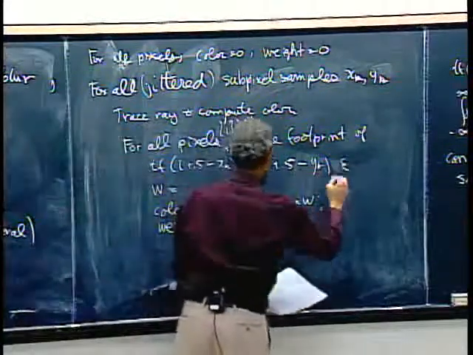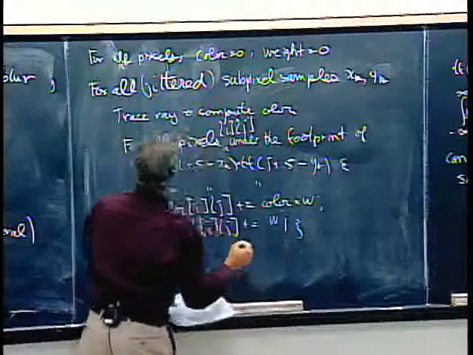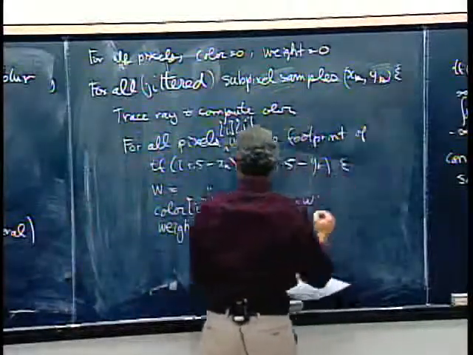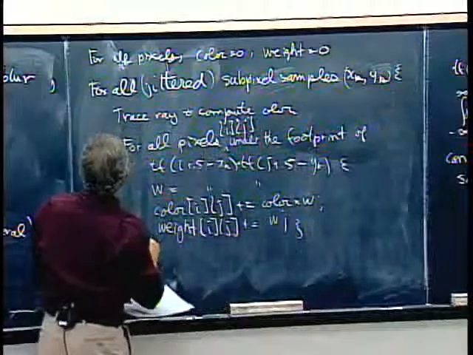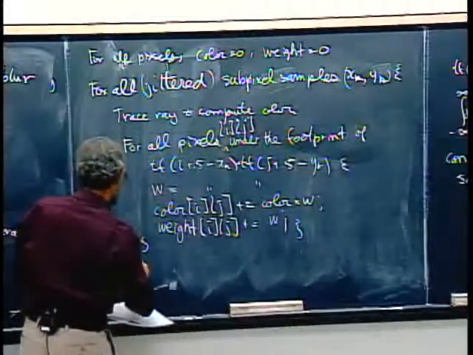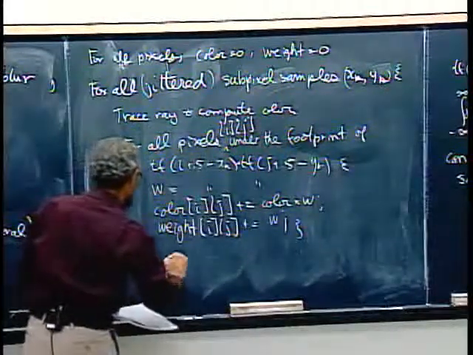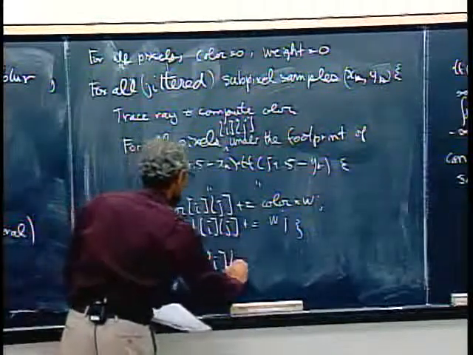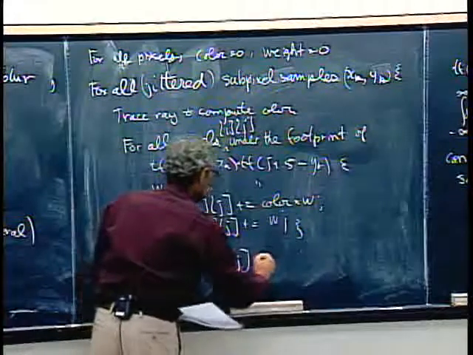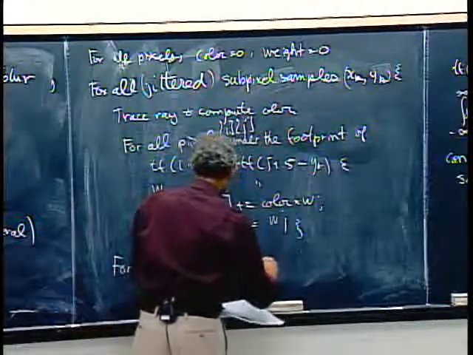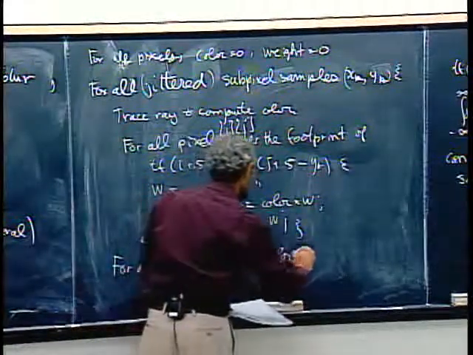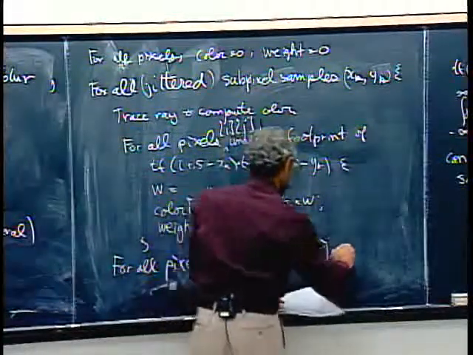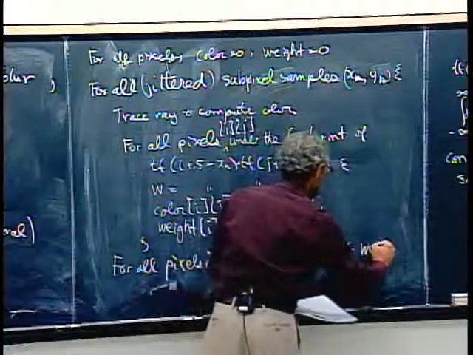Okay, so this is for all subpixels, and this is the sample loop. And then we have one other loop over all pixels, where we just divide color i, j by weight.